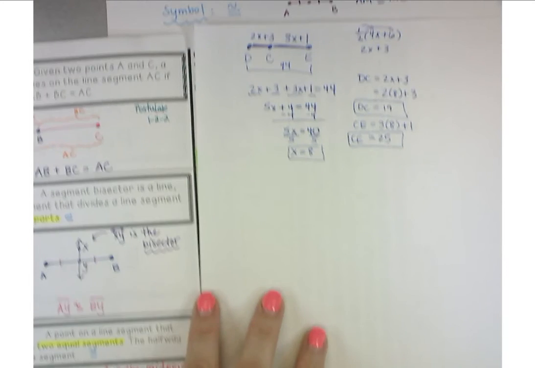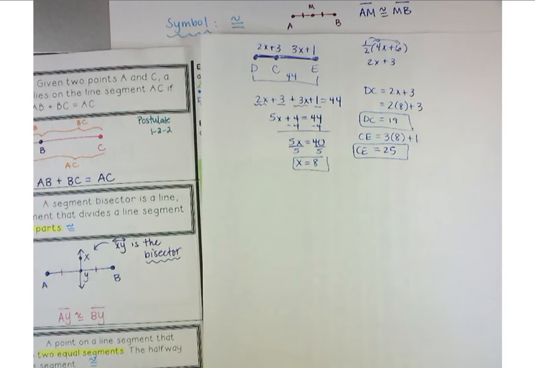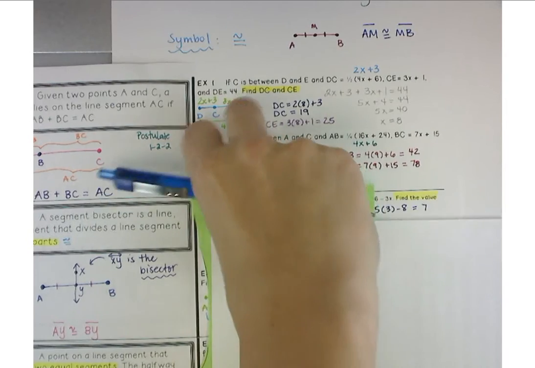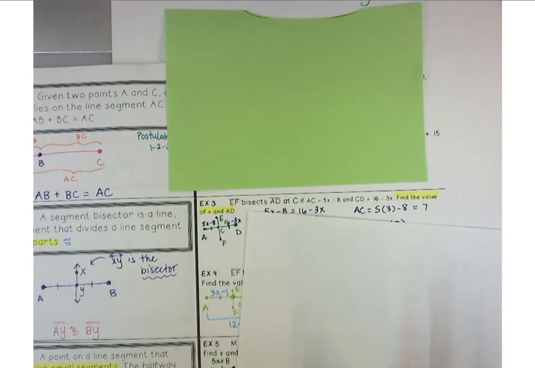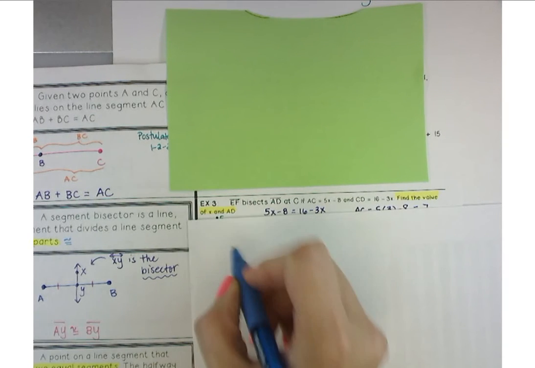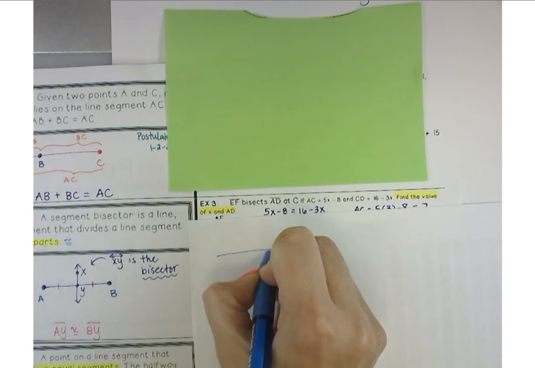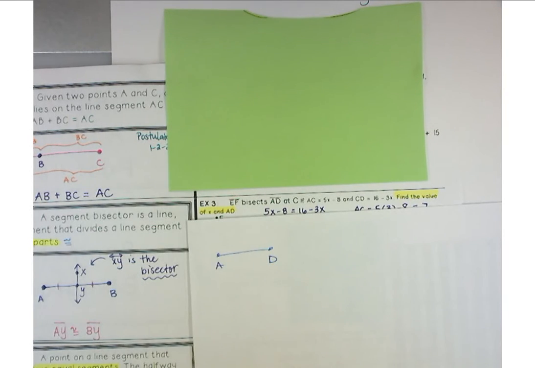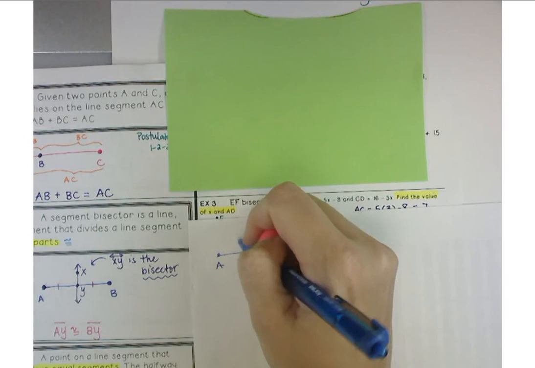I'm actually just going to show you this. Okay, so if EF bisects AD, I'm just going to draw AD. And EF is bisecting it. And those are both segments.